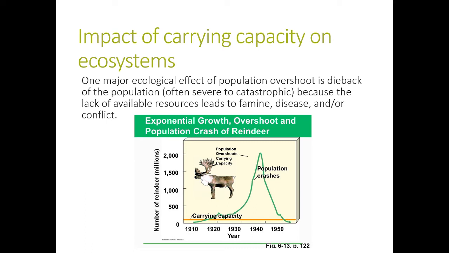One of the good examples is an exponential growth and overshoot of a population of reindeer. And this is something that really happened, that we're able to see, and you get to see that the carrying capacity was far overshot.